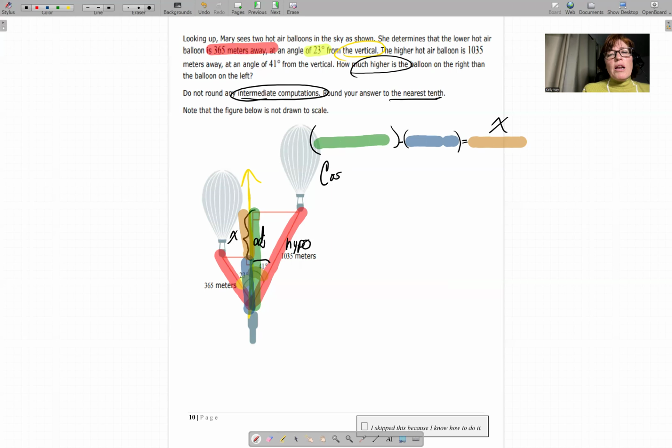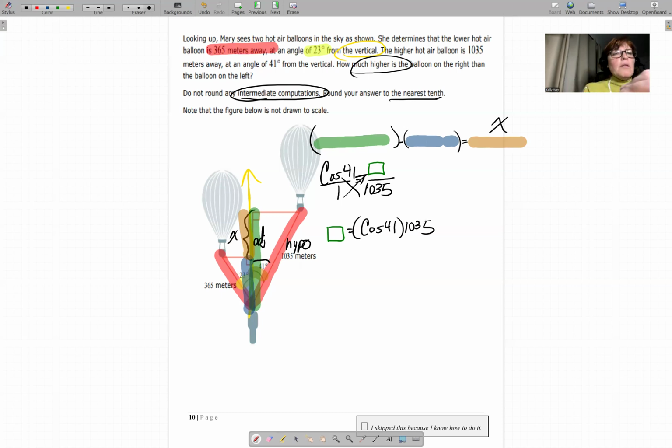The cosine of 41 would equal the green over the hypotenuse, which is 1,035. Cross multiply, therefore our green is going to equal cosine 41 times 1,035. Keep that in mind.